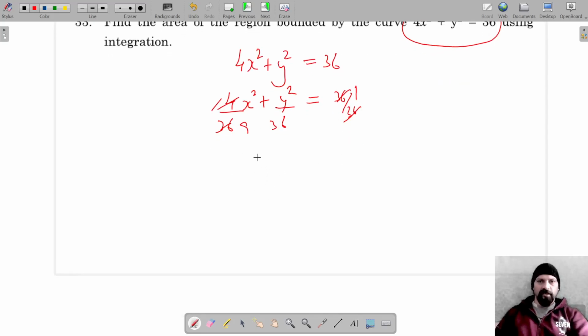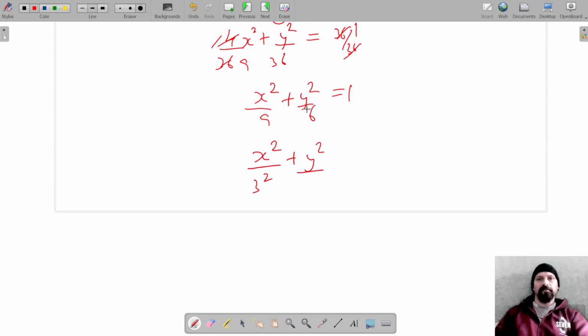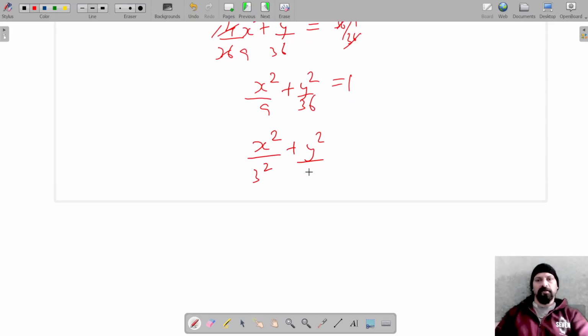So finally, we have the equation of the curve: x squared by 9 plus y squared by 36 equals 1. I can write it as x squared by 3 squared plus y squared by 6 squared is equal to 1.